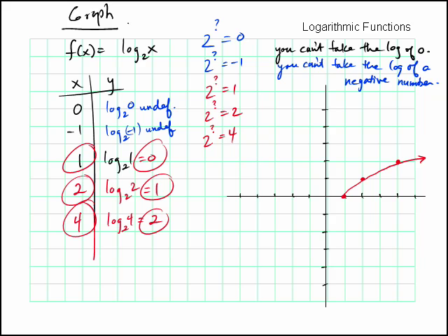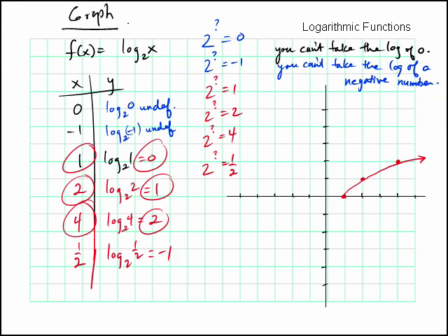What is it doing on the left side? Well, it doesn't go to the negative numbers, as we talked about. You can't plug in a negative number. Nothing's there. However, if I try, let's say, 1/2, if I plug 1/2 in, log base 2 of 1/2 means 2 to what power equals 1/2? And that would be a negative 1.